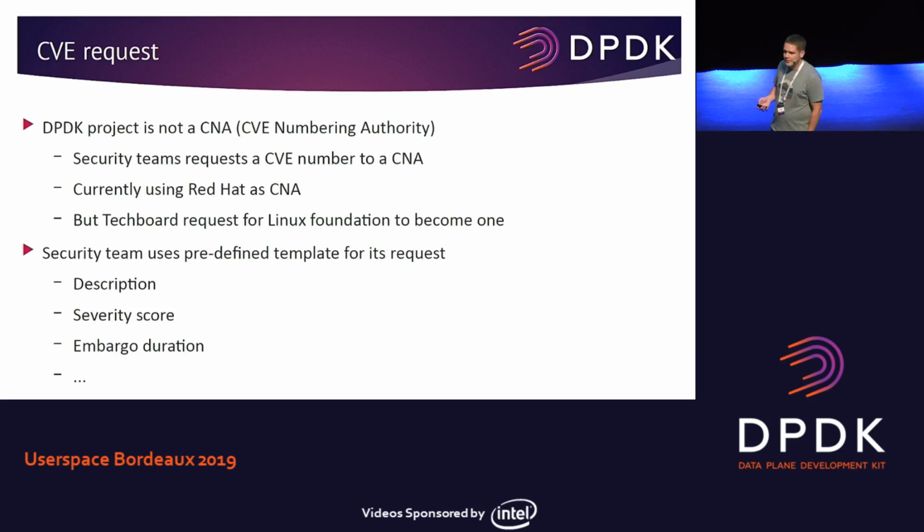However, the tech board has made a request to the Linux Foundation to become a CNA. When the security team requests the CVE, it sends all the information to the CNA using a predefined template.